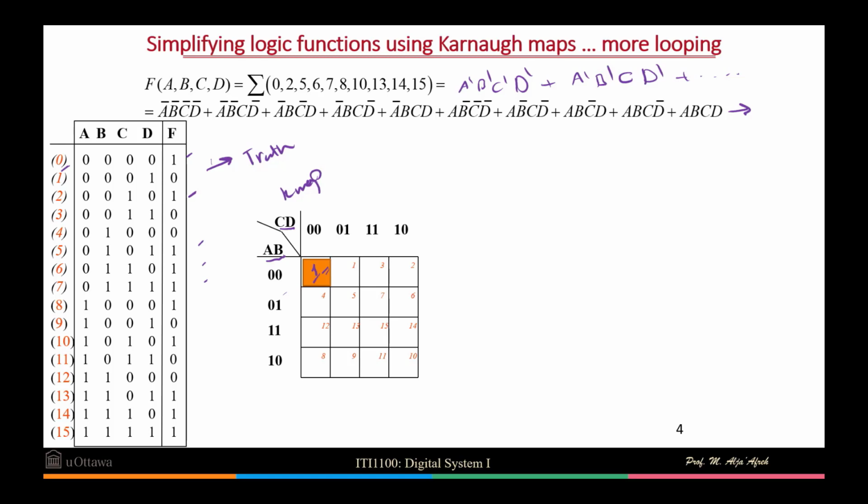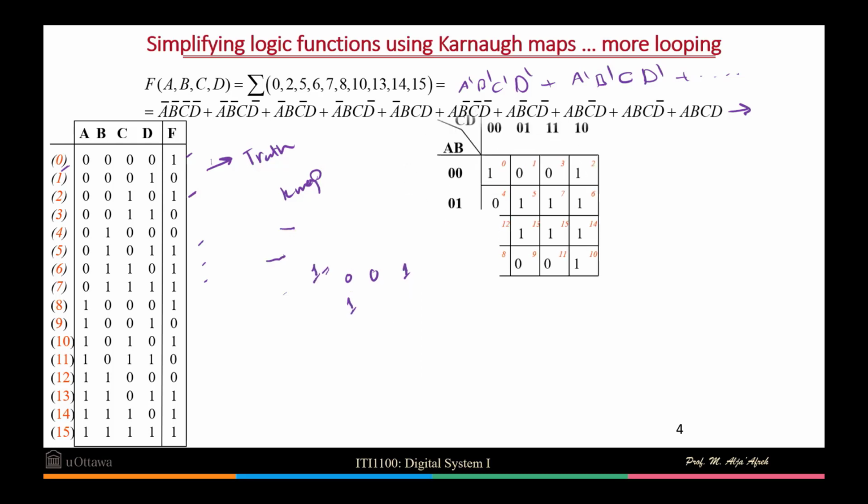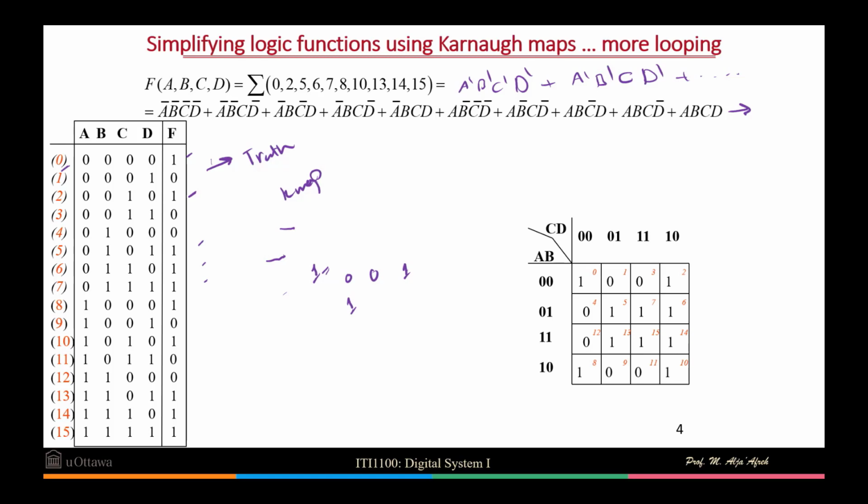Then at minterm 5, I have 1 again, so I'm gonna place 1 here. Whereas the rest, I'm gonna put zeros. So no problem. If I continue doing so, I'm gonna have this K map.